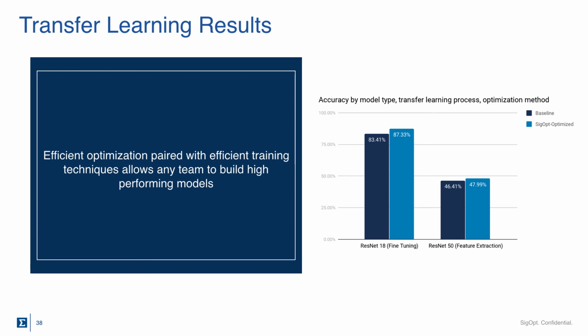So why does this matter? With our transfer learning results, we see that efficient optimization paired with efficient training techniques allows any team to build high-performing models.